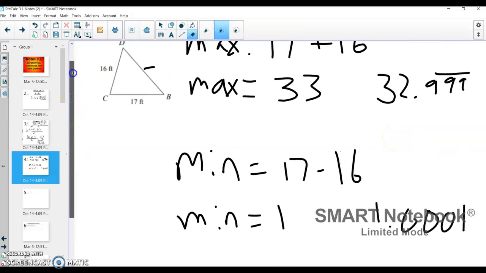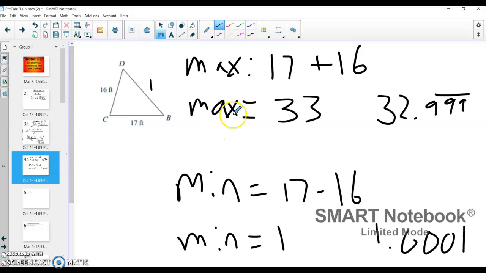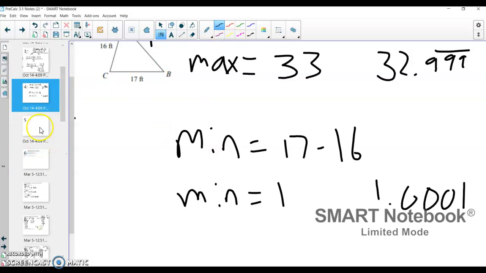The first time that this doesn't work as a side length would be 1, because if I put 1 in here, 1 plus 16 equals 17, that doesn't work, but anything bigger than 1 does work, so we say that the minimum is 1. Okay? And that is how you do minimum and maximum, just adding side lengths and subtracting side lengths, and it is that simple. Just the idea of it having to be bigger than that gets a little confusing, but we do say those are the max and min.